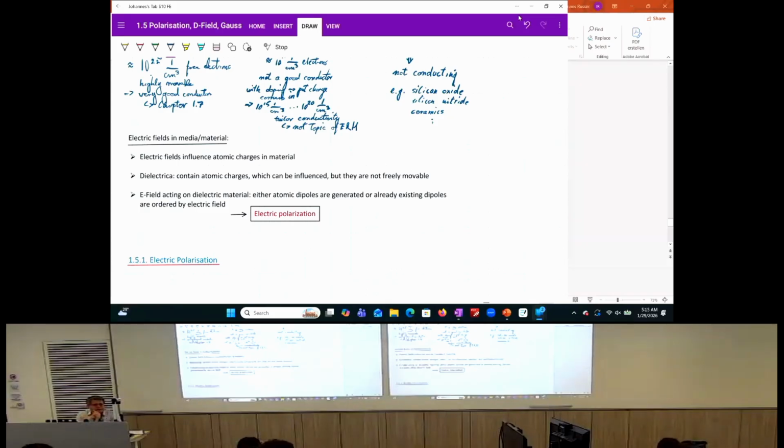It could also be that the material has already inherently some dipole moment built in, and then it can be oriented in the presence of an electric field.